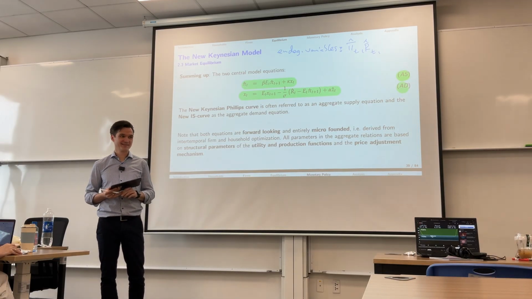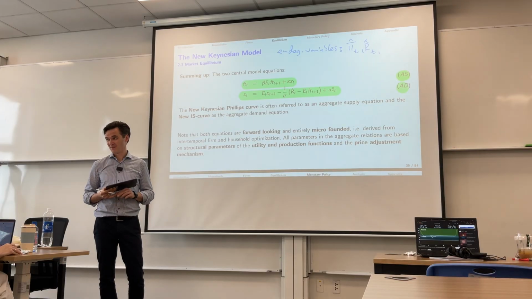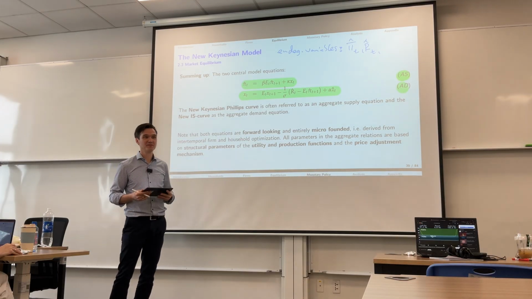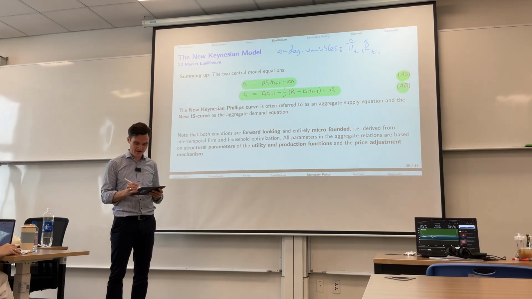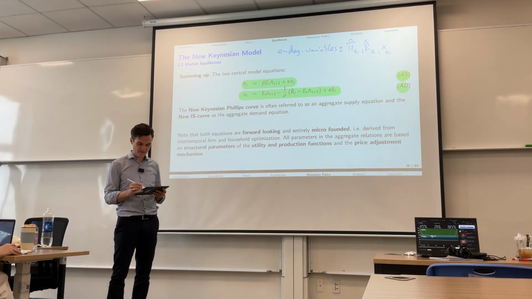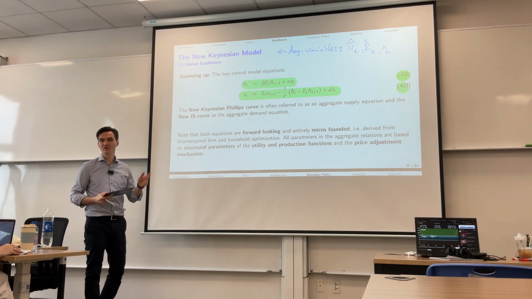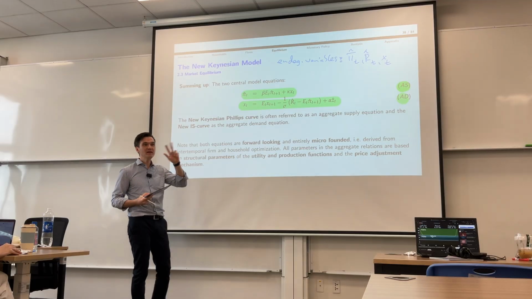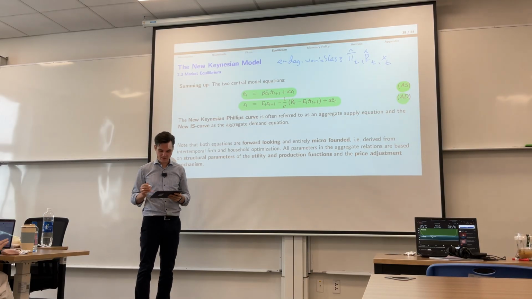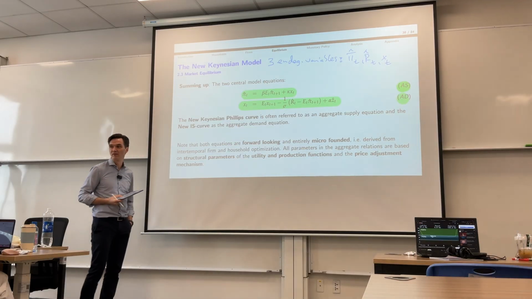There's one more. GDP, x_t, the output gap. x_t is another endogenous variable. And that's it. So this model has 3 endogenous variables.